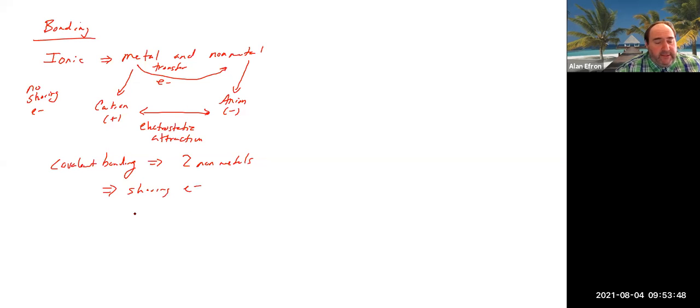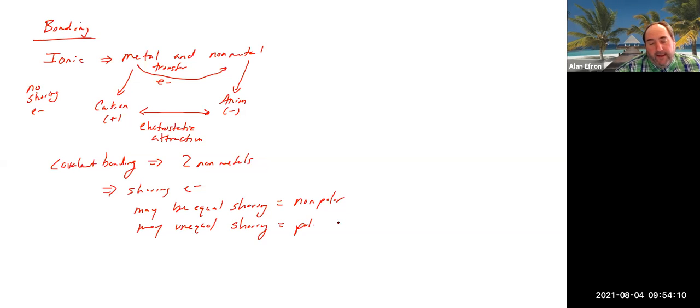And as we talked about, the sharing of these electrons may be equal, which is a non-polar bond, or they may be unequal sharing, which would be a polar bond.